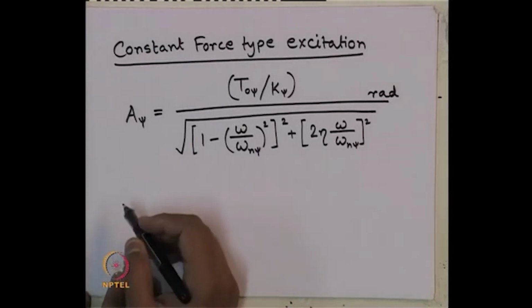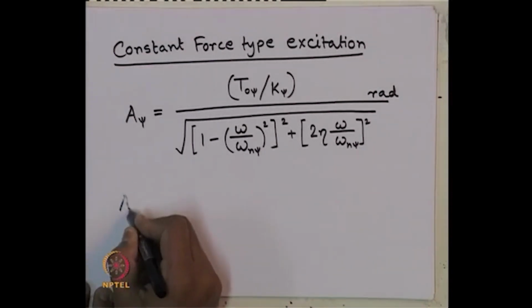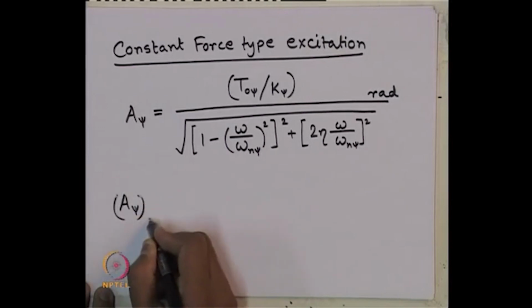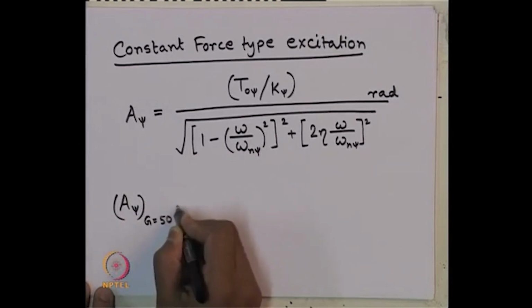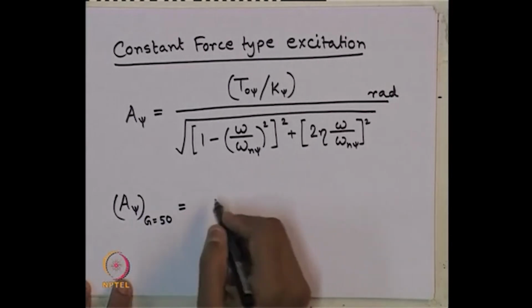Okay. So, for first type of soil, that is A psi with G equals 50, should be how much?